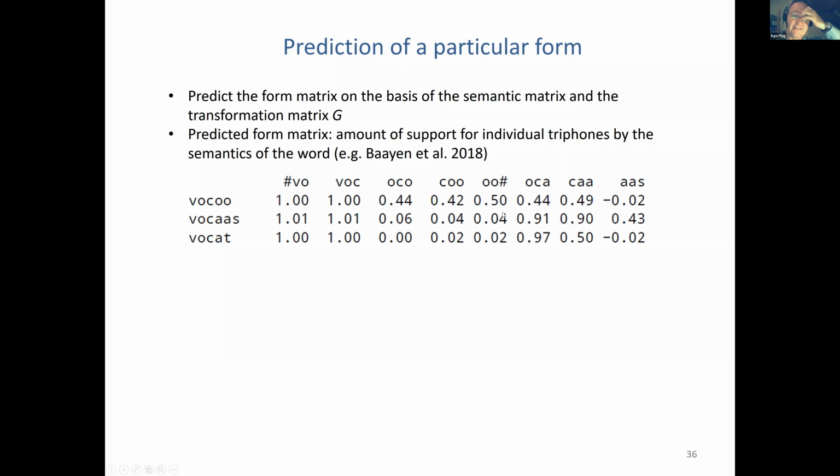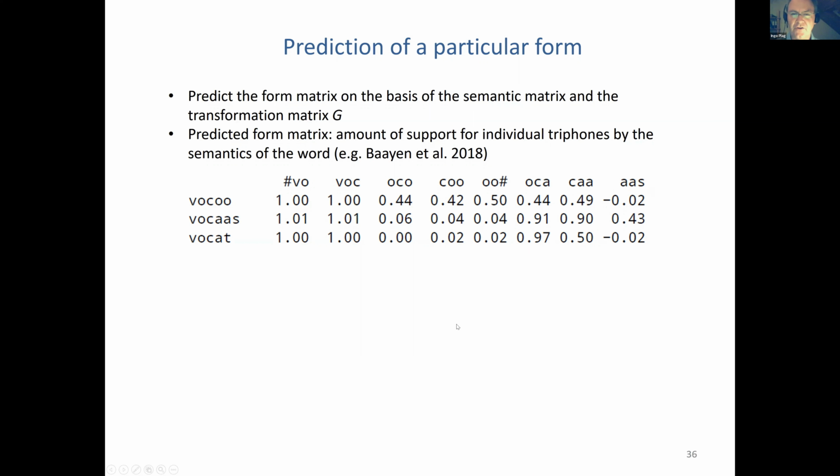This is the form matrix where you see the support that the individual triphones get from the words that you see on the left. You see that VOC has very high numbers, but AS, for example, for VOCO doesn't have that.